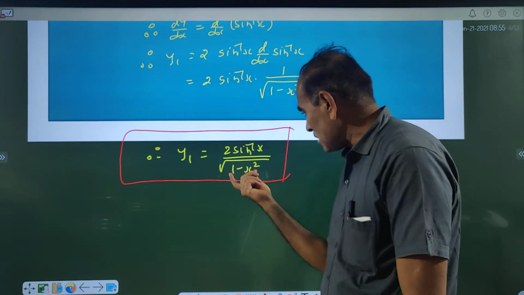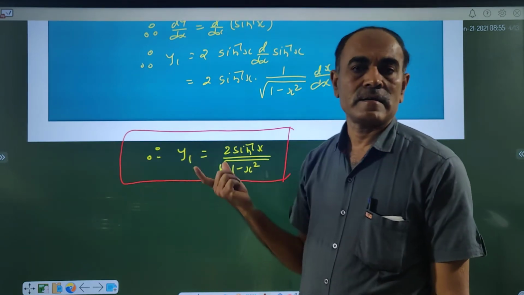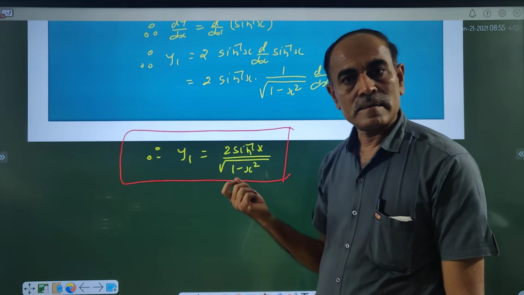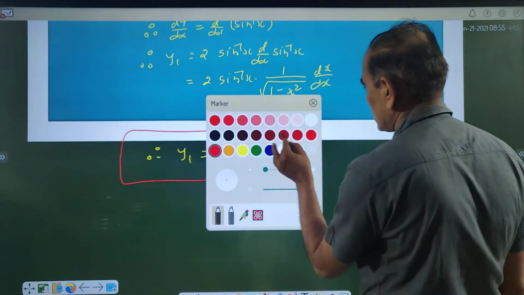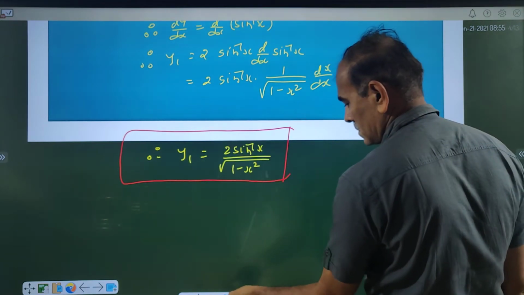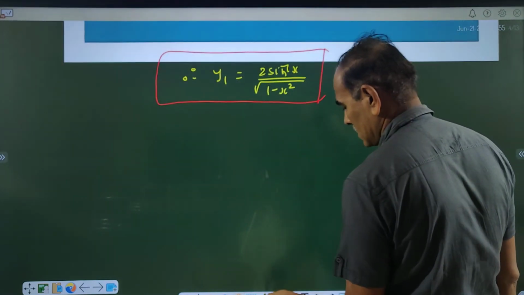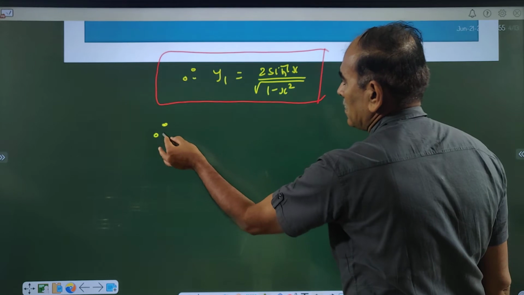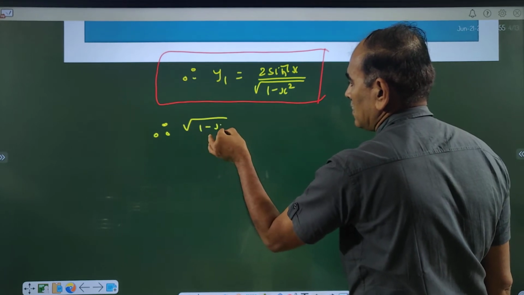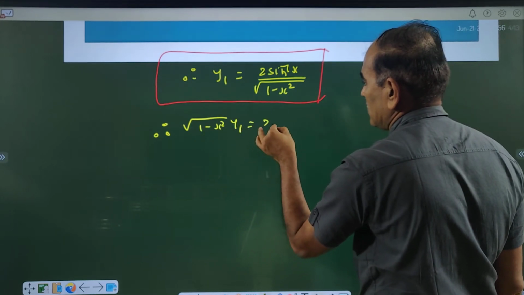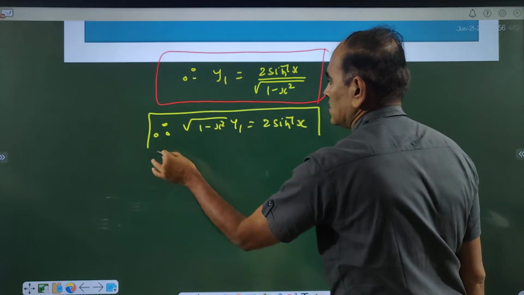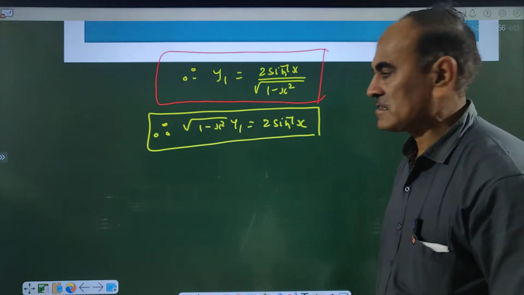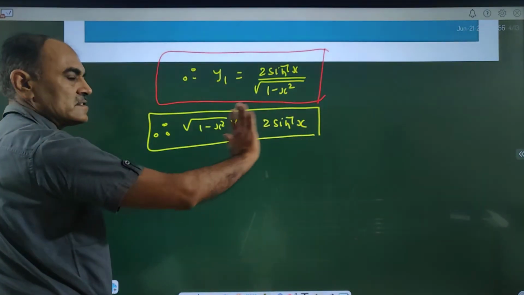Yes, take the denominator quantity on the left hand side. And therefore, under root 1 minus x square times y1 is equal to 2 sin inverse x. This says that there is no need to apply the division rule.